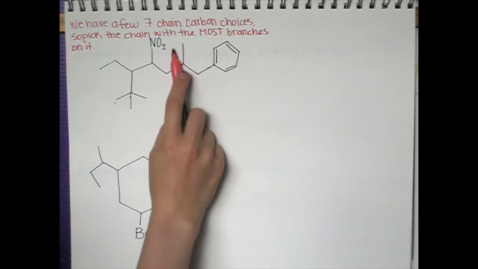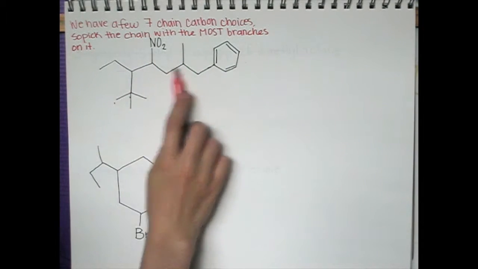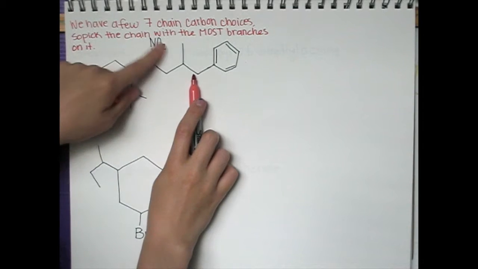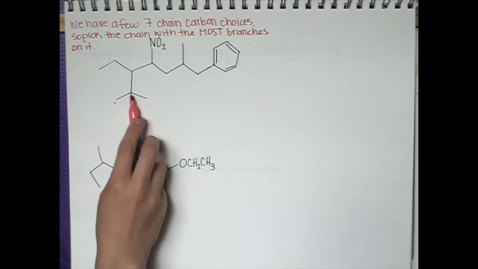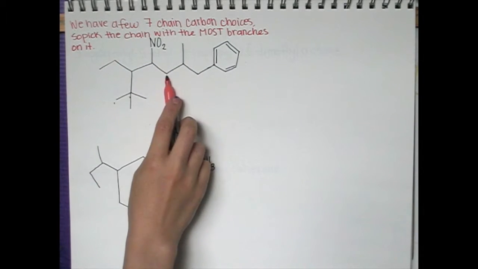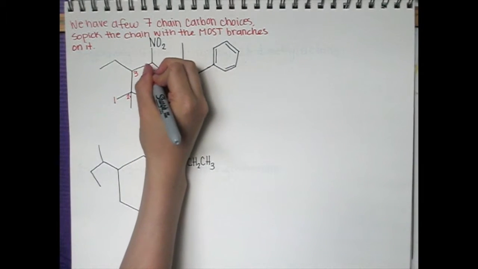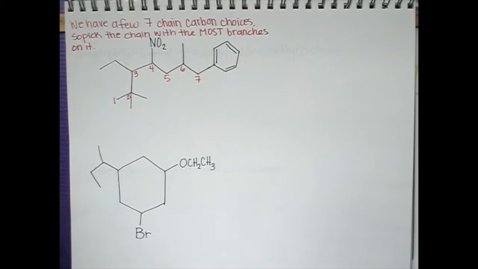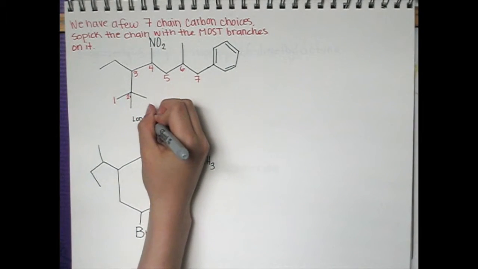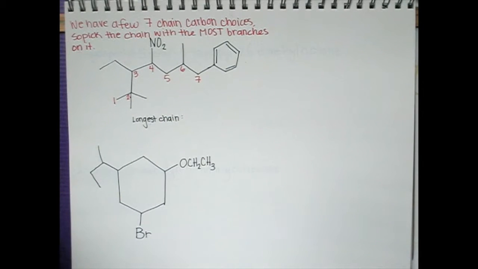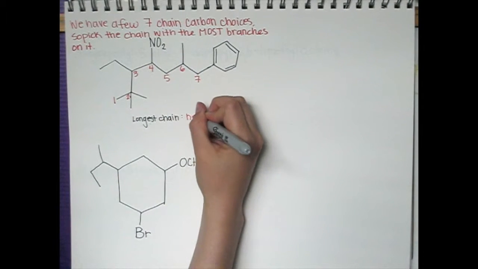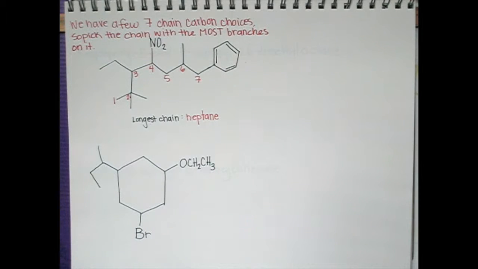So this chain, if I picked it, has 3 branches. This one will have 5. We found our longest chain. It has 7 carbons, so it's going to be called heptane.